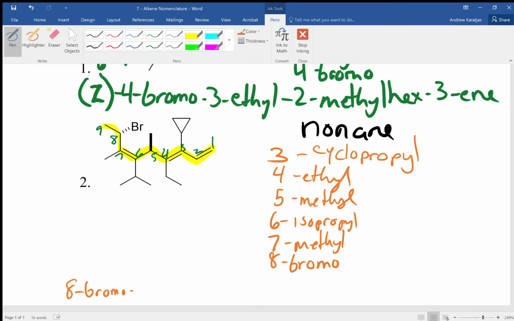When it comes to cyclopropyl, where are we going to alphabetize that? Well, the key there is that cyclo is not a numerical prefix.